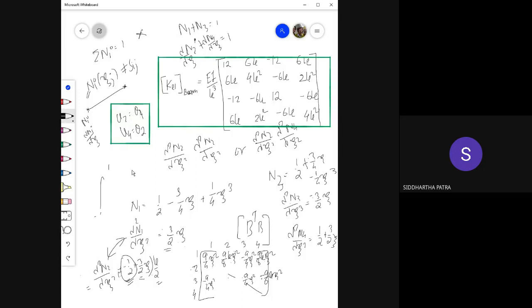And actually N2 is LE by 2 times whatever that polynomial with xi is, that is 1 by 4 times (1 minus xi minus xi squared plus xi cube). So it should have LE by 2. The shape functions we did for bar didn't have the physical length in it, but with the beam element, it should be there.